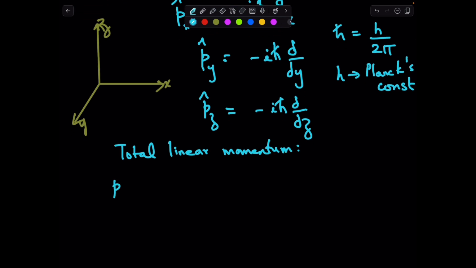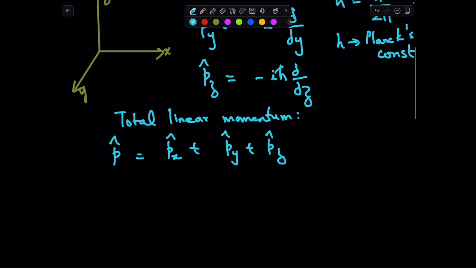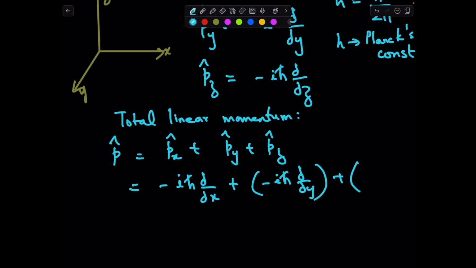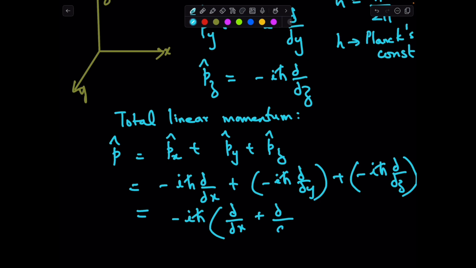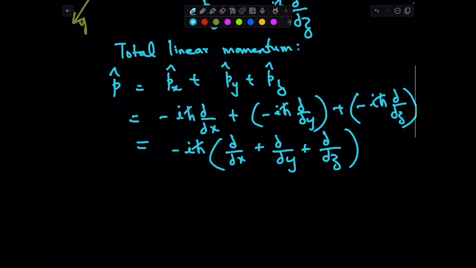So total linear momentum would be p cap of x plus p cap of y plus p cap of z, and that is minus i h cross dou by dou x plus minus i h cross dou by dou y plus minus i h cross dou by dou z, which would be minus i h cross times dou by dou x plus dou by dou y plus dou by dou z. This is the total linear momentum operator.